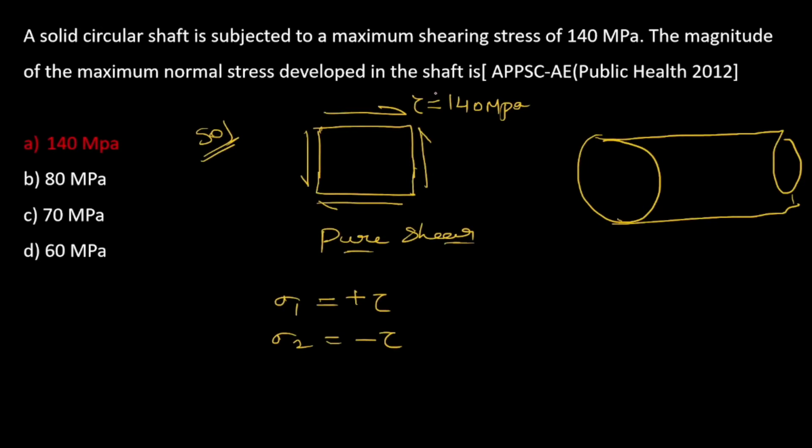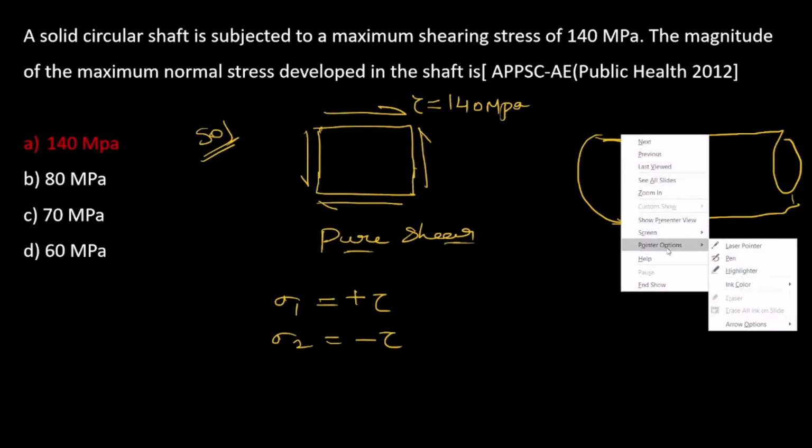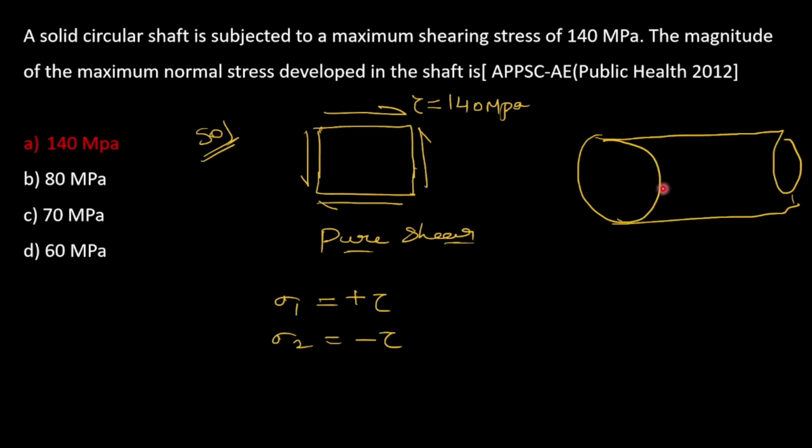Next question. A solid circular shaft is subjected to a maximum shear stress of 140 megapascal. The magnitude of the maximum normal stress developed in the shaft is. Here is a circular shaft, and every element is subjected to a maximum shear stress.